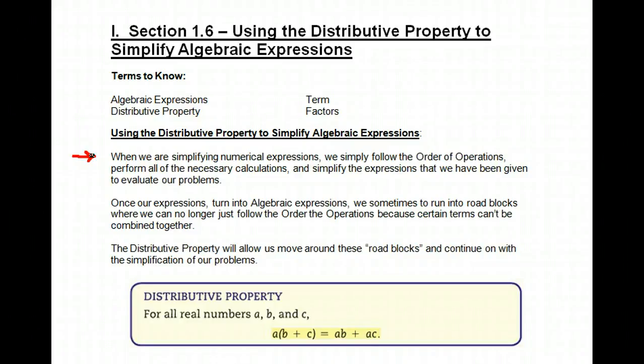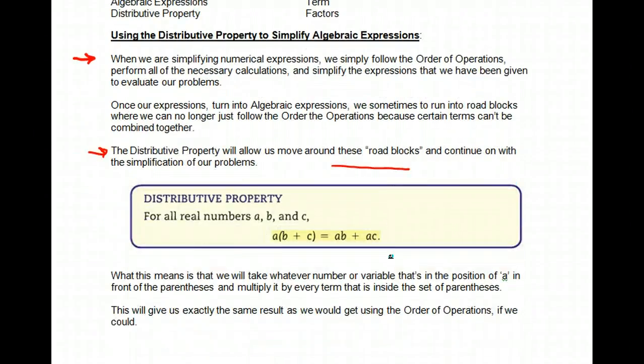Maybe because they're not like terms. Maybe because certain operations can't be performed first. The distributive property is going to allow us to remove these roadblocks and move around them so that we can continue on with the simplification process of our problems.